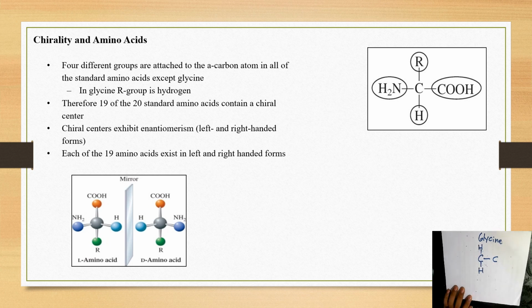That's why glycine has no pair of enantiomers. Out of 20 standard amino acids, 19 amino acids exhibit enantiomerism.